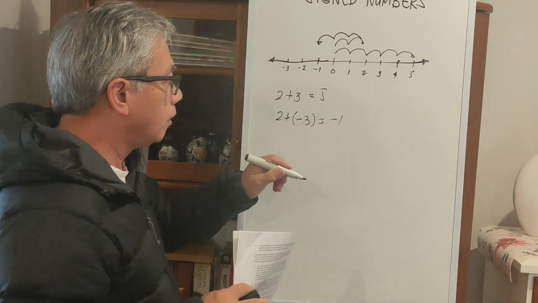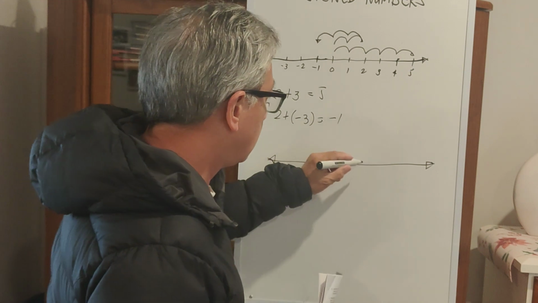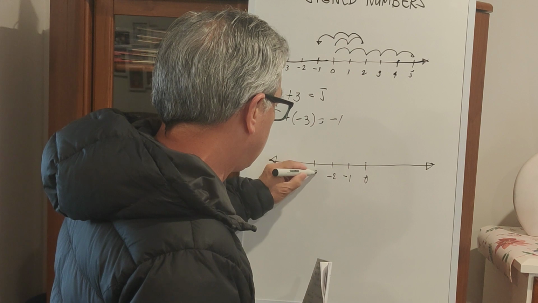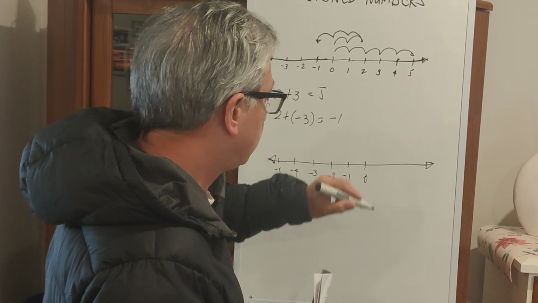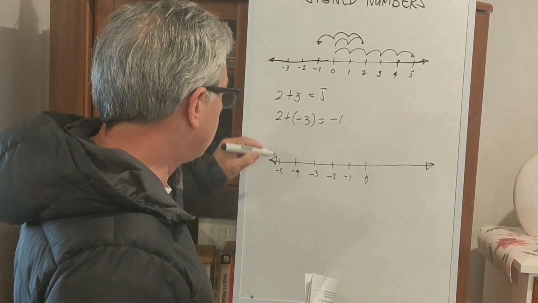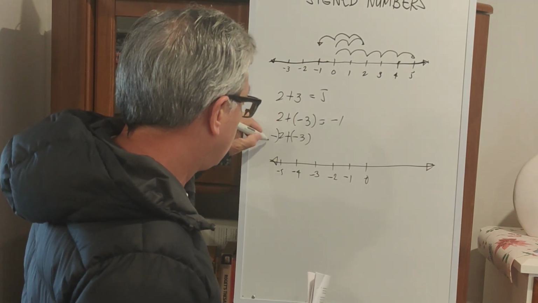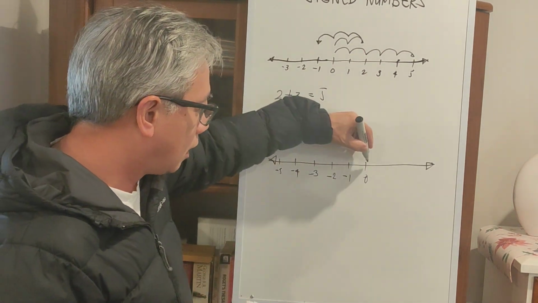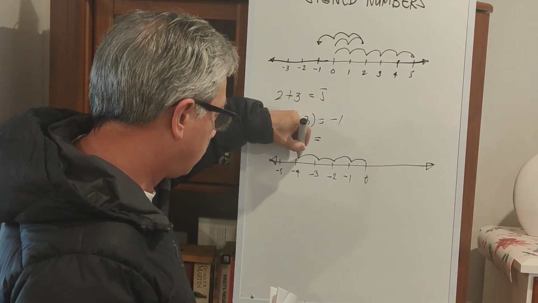Let's draw another number line: 0, -1, -2, -3, -4, -5. For example, -2 plus -3. You go to the left because it's -1, -2, and then -3: 1, 2, 3.